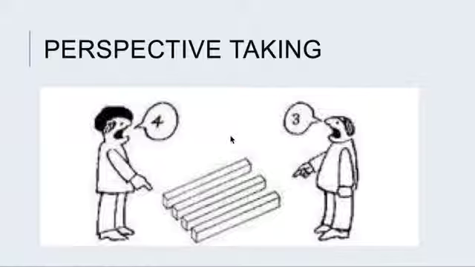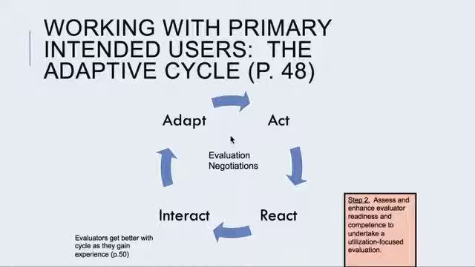This diagram we learned about in Step 1. When we work with our primary intended users, it's also not only taking in the perspectives of others throughout the entire process, but we're continually adapting to those perspectives. So this active, reactive, interactive, adaptive stance characterizes all phases of the evaluator and user interactions, from initially identifying primary intended users to focusing relevant questions, choosing methods, and always analyzing those results.